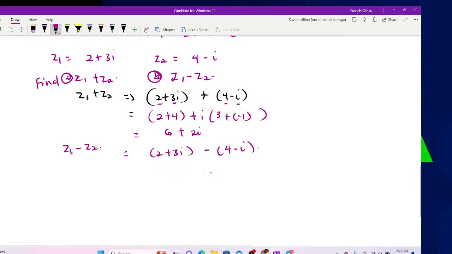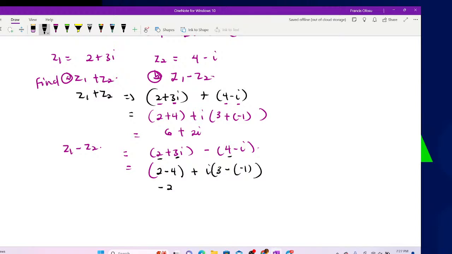The basic thing to do here is to take the real parts, the 2 and the 4, and subtract them separately in one bracket, plus i, then I take 3 minus the coefficient of my operator, also separately in one bracket. 2 minus 4 is equal to negative 2, plus i open brackets, 3 minus minus 1, which is 4, and this is equal to negative 2 plus 4i.